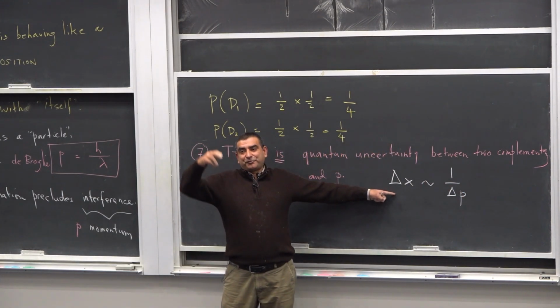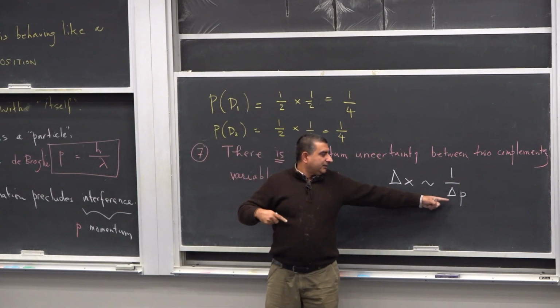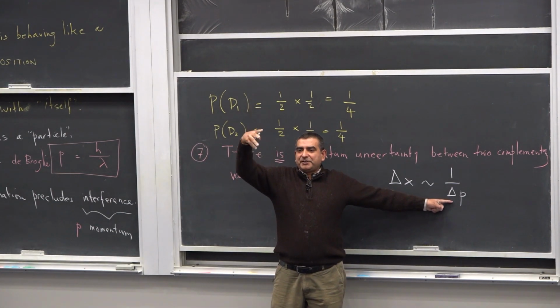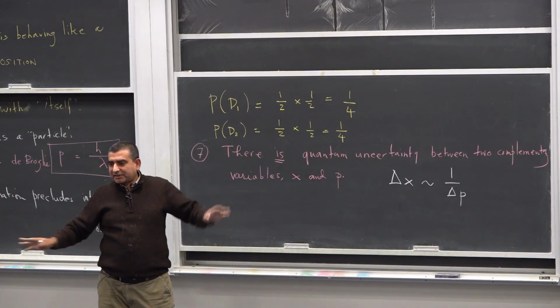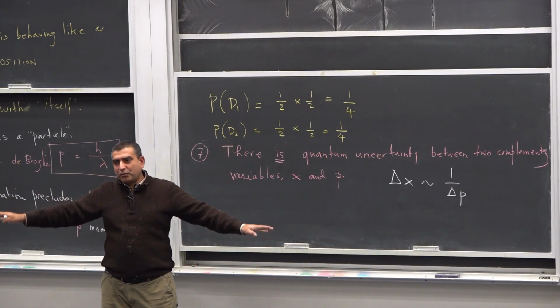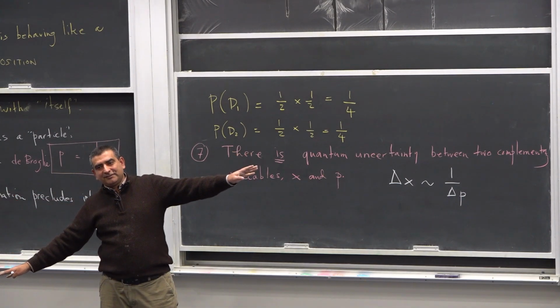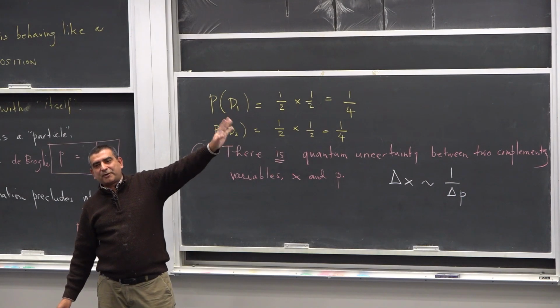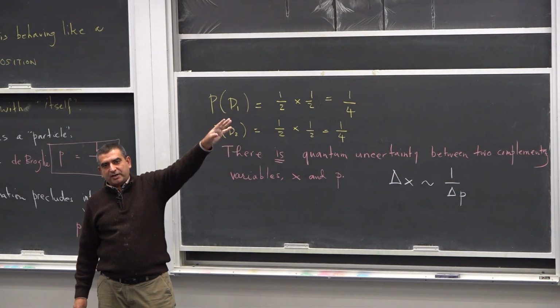If you are certain about x, which means this quantity is small, then delta p must be large, which means your uncertainty in p must be large. Alright, so it's a seesaw effect. You know x to a higher level of certainty, then you get uncertain about the momentum, which means the range of possibilities for uncertainty is large.